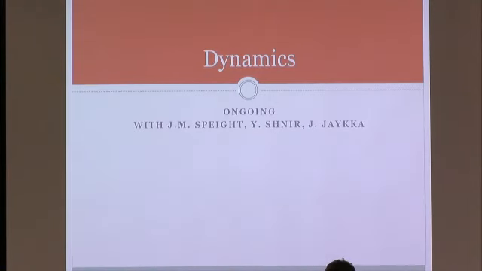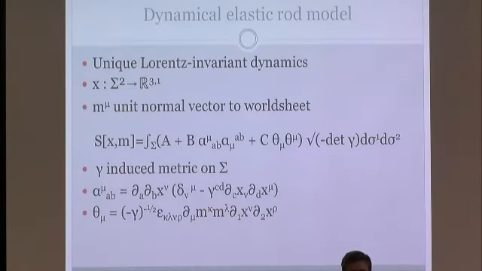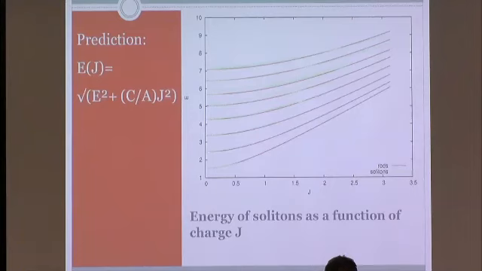So just the last thing to mention is that you can add dynamics. I won't bore you with the details of how to do that, but if you add dynamics in the rod model, you get a simple prediction for how energies scale with charge. That's not the topological charge, but a kind of electrical charge.